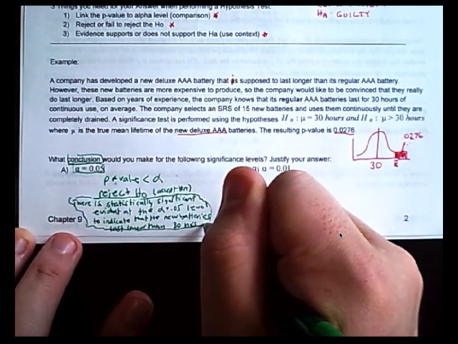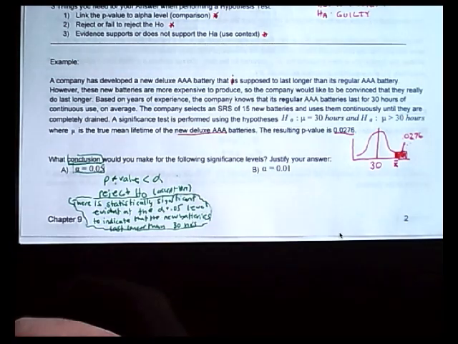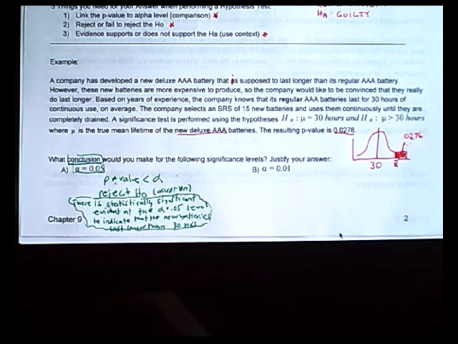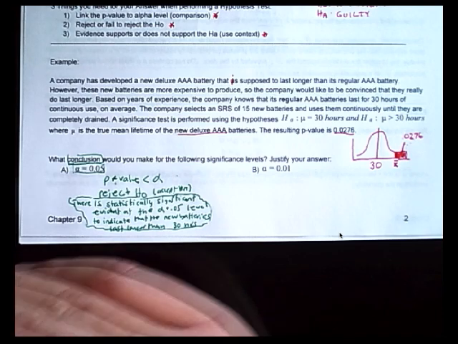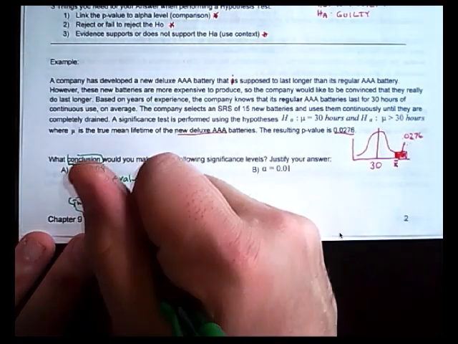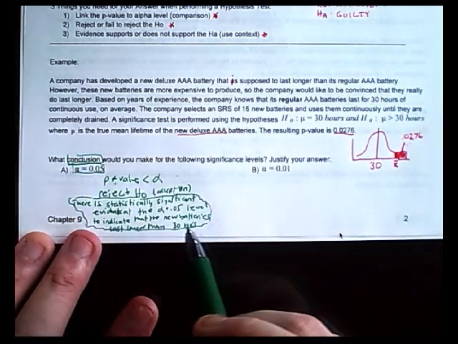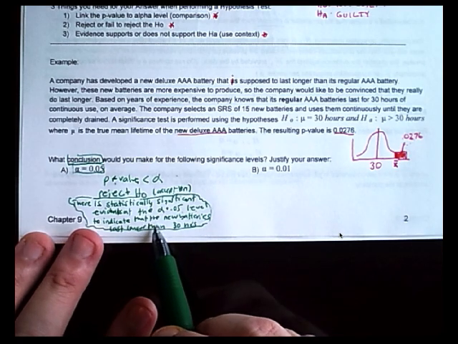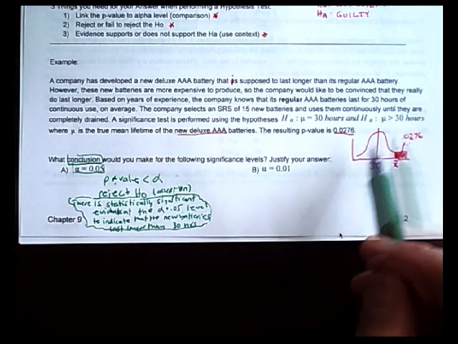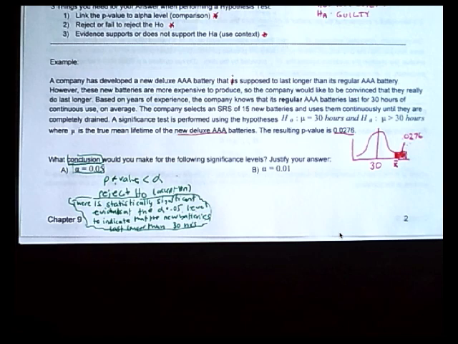Because in truth, we really don't know, unless we had all AAA batteries. We're just saying that there's evidence at that significance level to show that the new batteries do last longer than 30 hours.